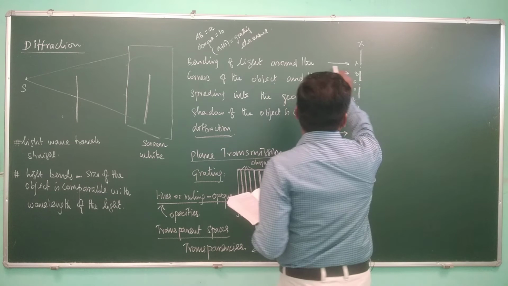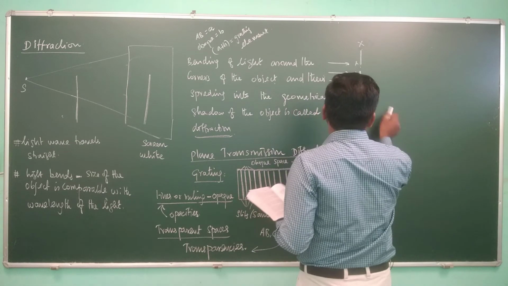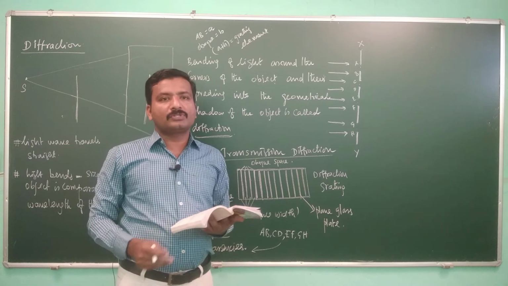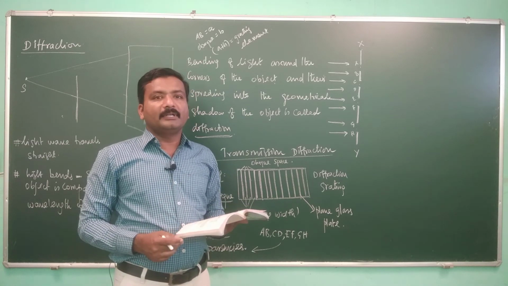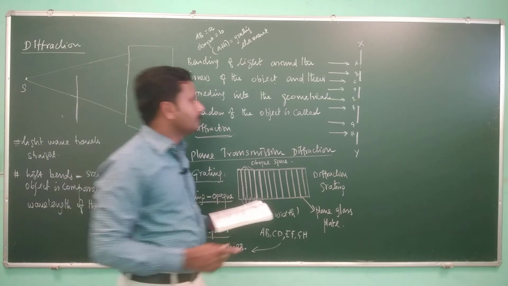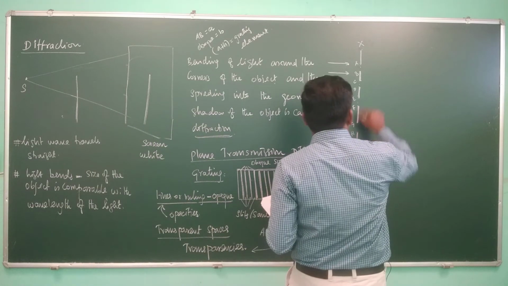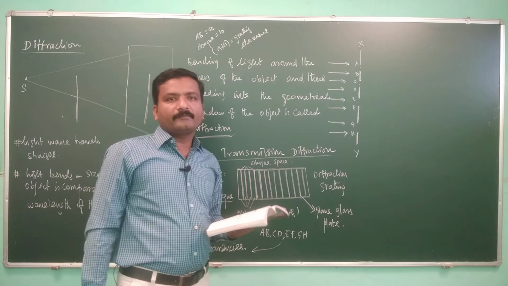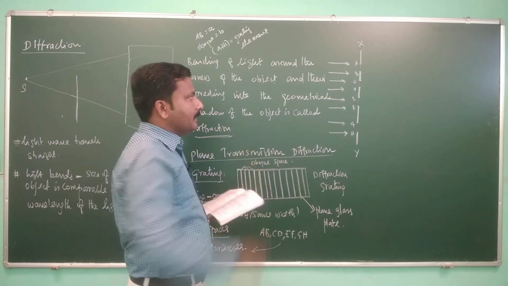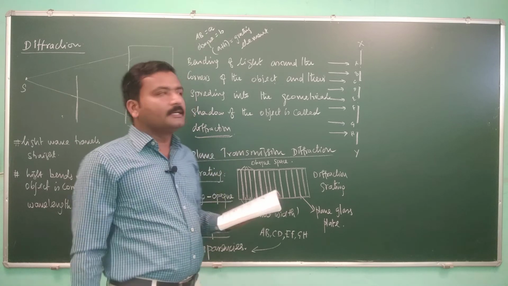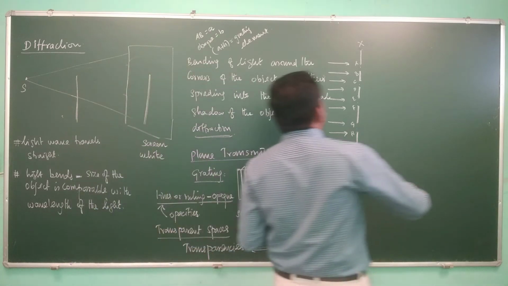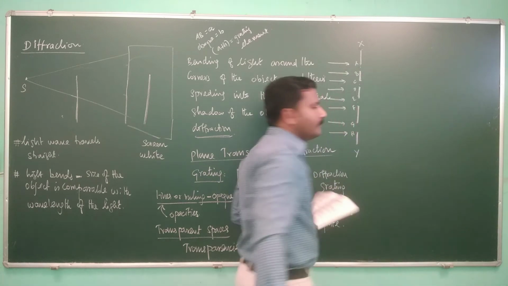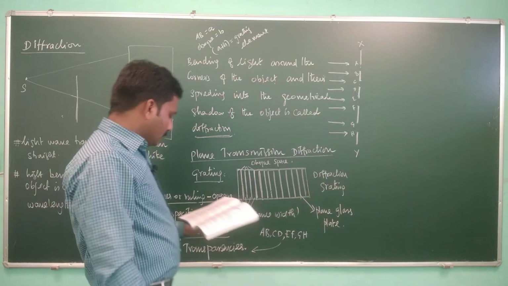Now, the light rays traveling into these transparent spaces will travel in a straight line. So most of the light rays will travel straight. But if the width of the transparencies is comparable to the wavelength of the incoming light, then we could expect some of the light rays to deviate from their straight path at the edges.